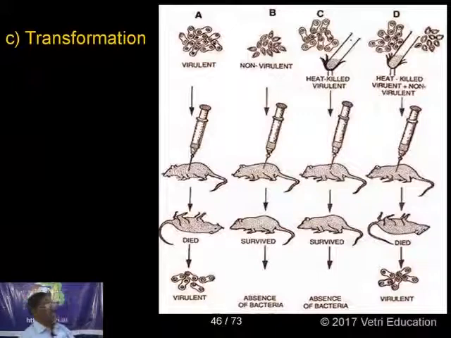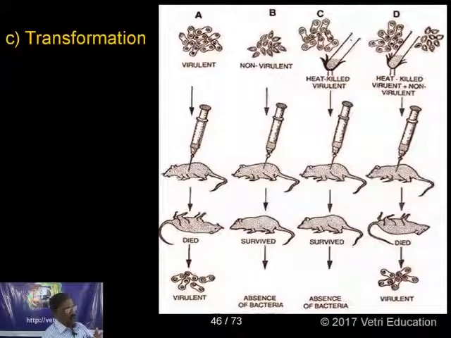And then the next experiment they conducted is heat killed virulent bacteria and non-virulent bacteria. Heat killed virulent bacteria cannot give the disease, and non-virulent bacteria cannot give the disease.